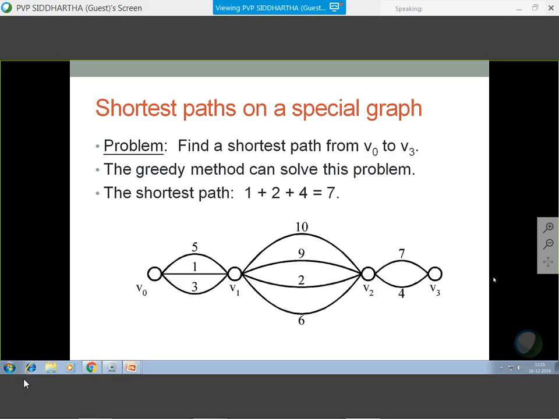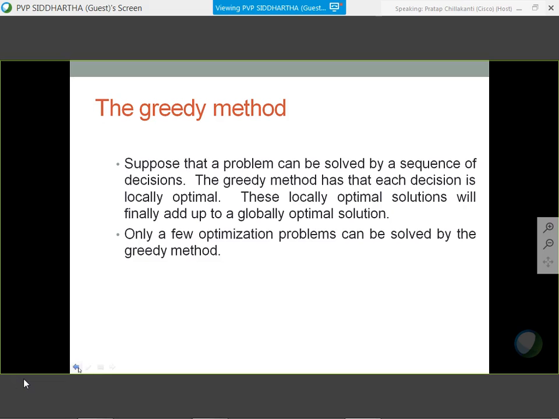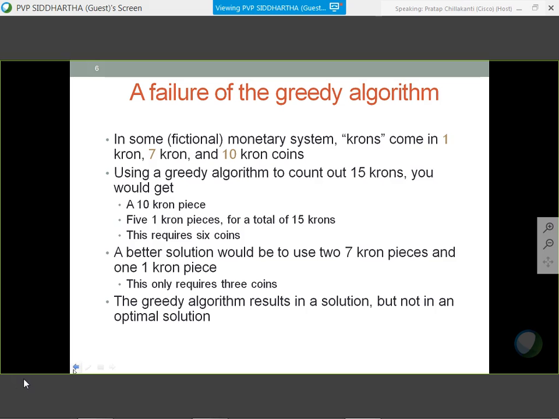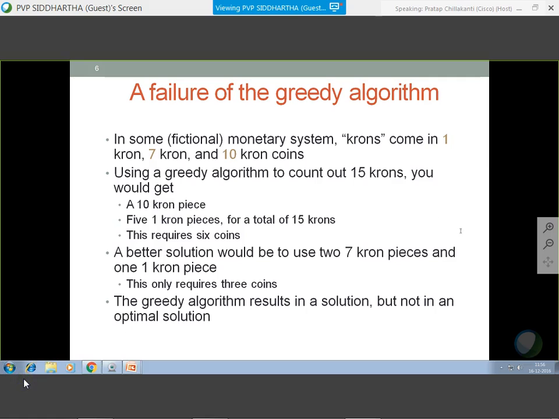Okay, somebody said it's not clear whether we have to give priority to 7 or 10. Okay, going back to that one, right? If you follow greedy method, you will not optimize the solution of 15 crowns, because greedy says you have to choose the highest denomination first.